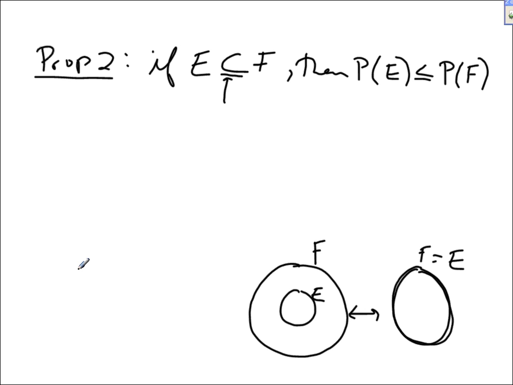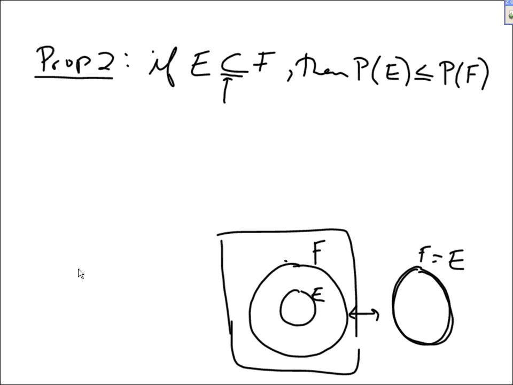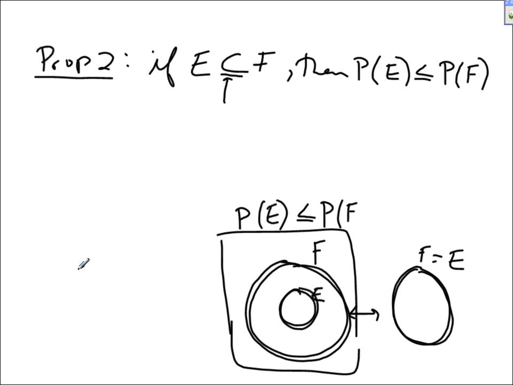If it's the first one, imagine you're throwing a dot at this board. The probability that you land in F is going to be bigger than the probability that you land in E. So it makes sense that the probability of E happening is less than the probability that F happens.